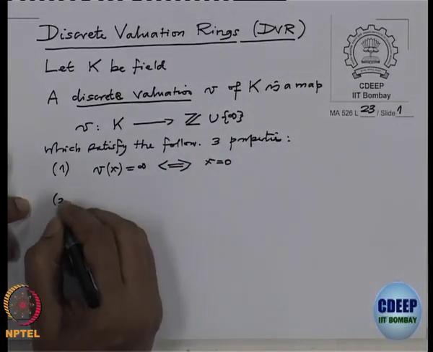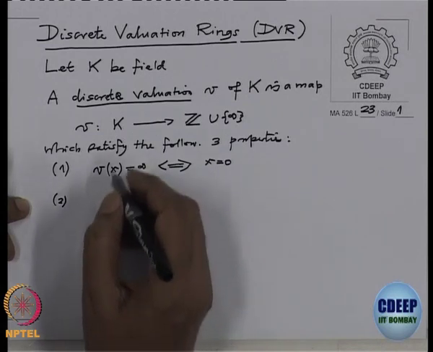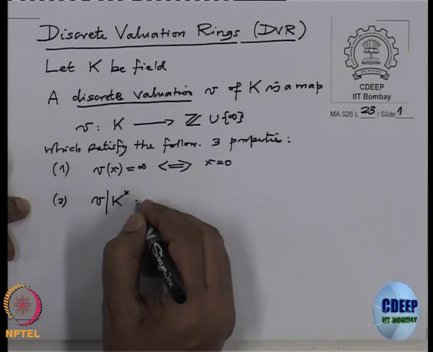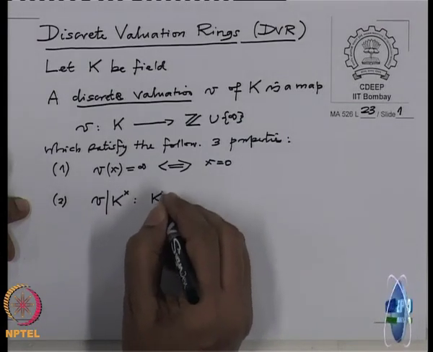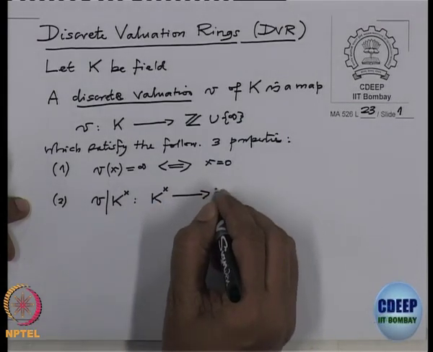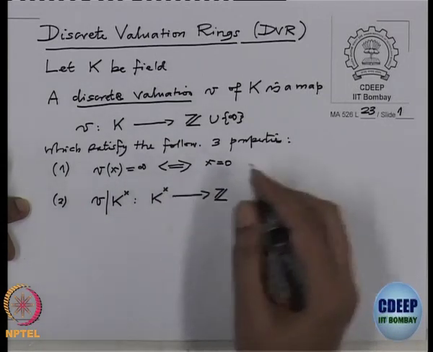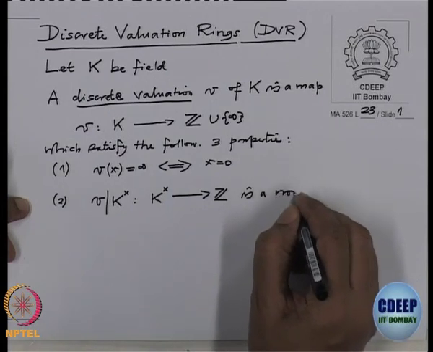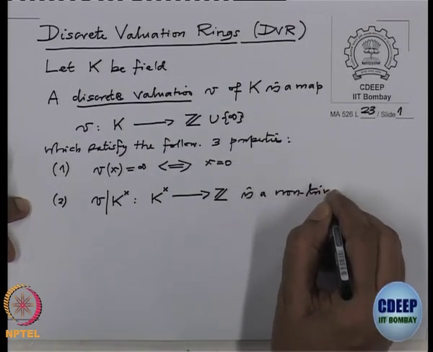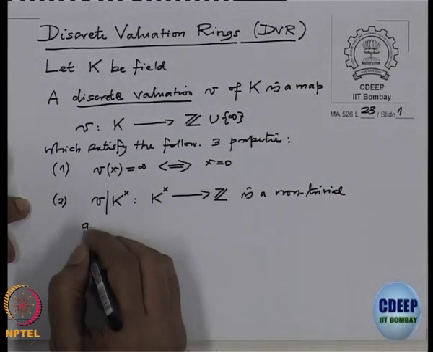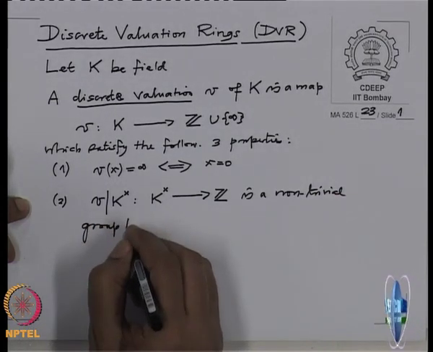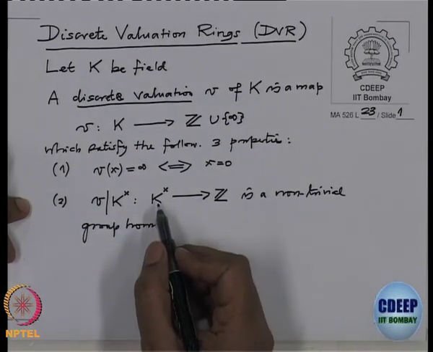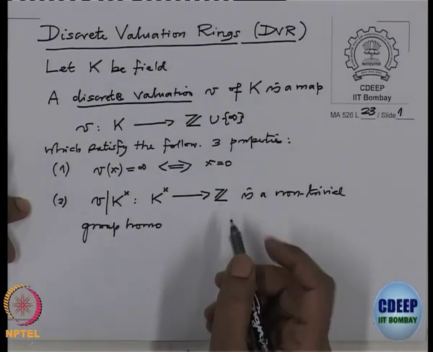Two, if I restrict V to k cross, so it is a map from k cross to Z. This is a non-trivial group homomorphism, where k cross is a group under multiplication and Z is a group under addition.